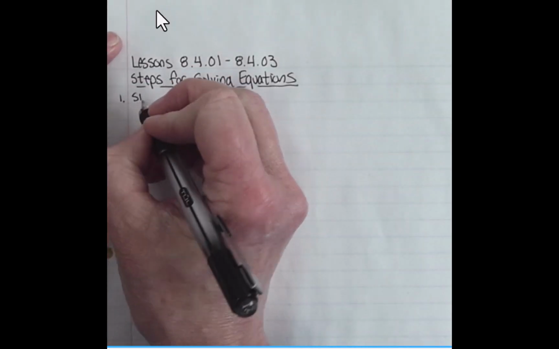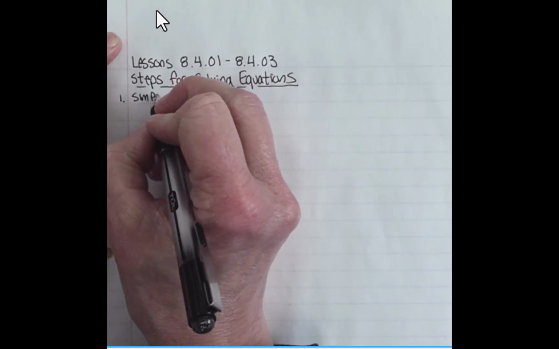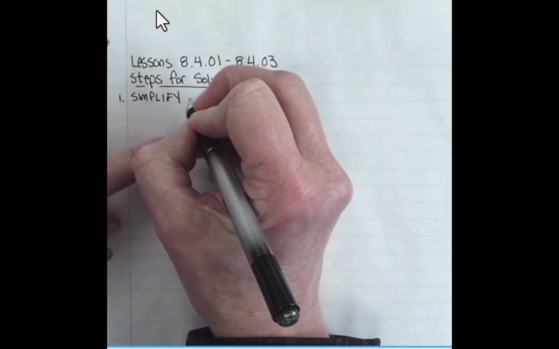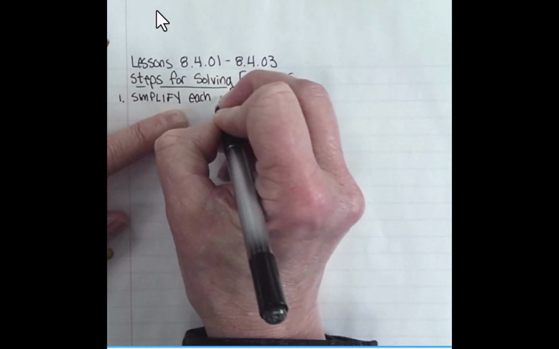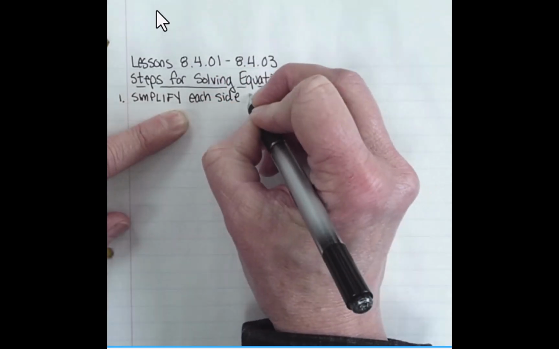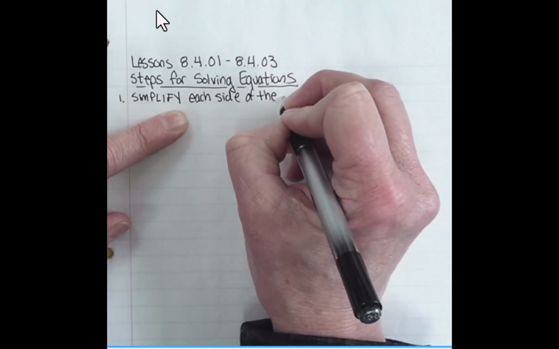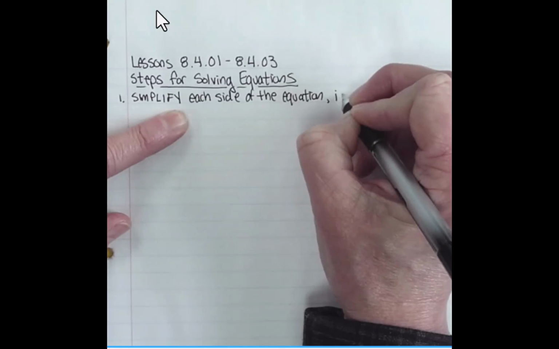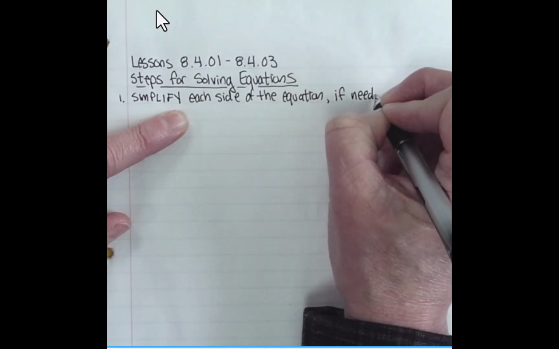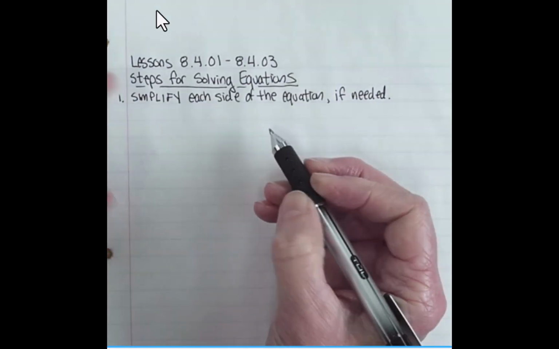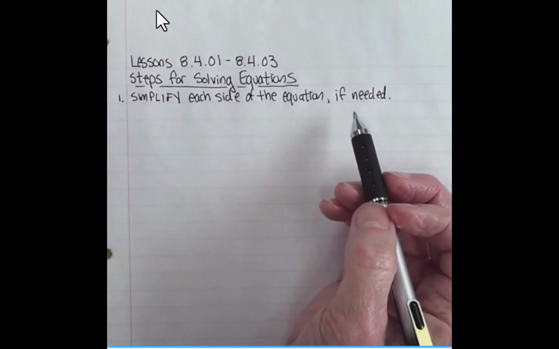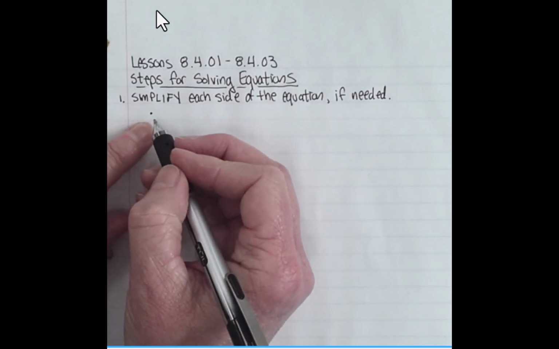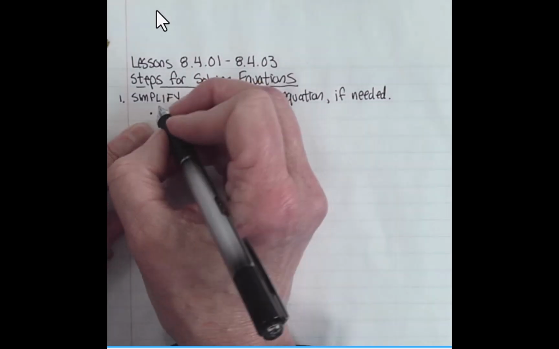So let's write: simplify each side of the equation if needed. We did a puzzle before the break where we didn't need to do any simplifying, but what you're going to be looking to see is, is there any way that we can eliminate parentheses?